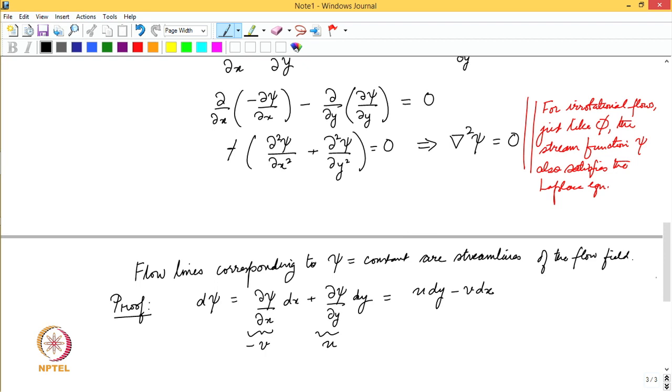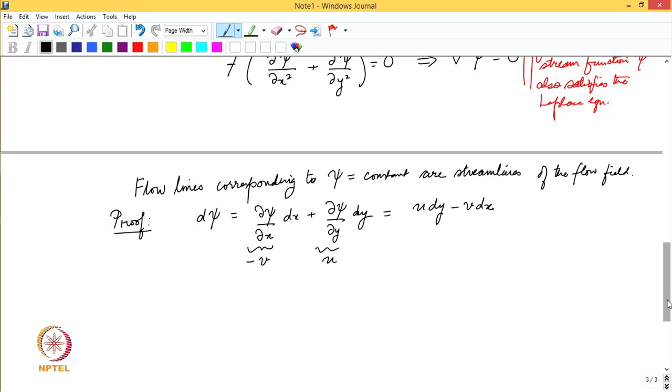Now, let us consider the case that the stream function is a constant.